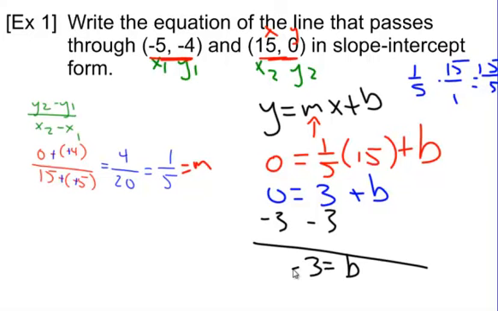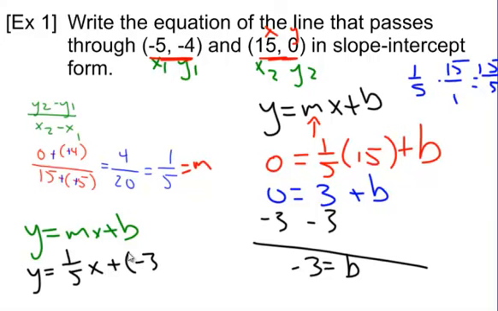I know my m, I know my b, now I just plug them in. So it's going to be y equals mx plus b, where my m is 1/5. So it's going to be 1/5 x plus my b, which is -3. Or you could have said minus 3. Doesn't matter, same thing. Make sense? I hope so. We're going to work on it in class, don't worry.